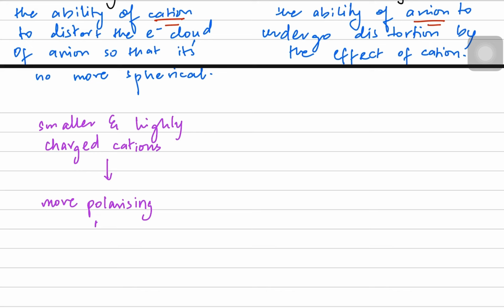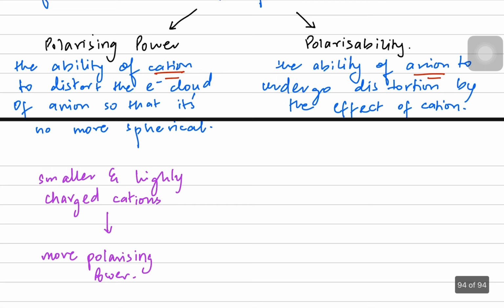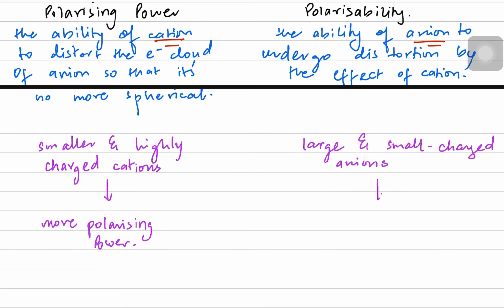If their charge density is more, small size and big charge, then they have more polarizing power. But when we talk about anions, it's the reverse. Large sized and small charged anions have easy polarizability, or you can say more polarizability.